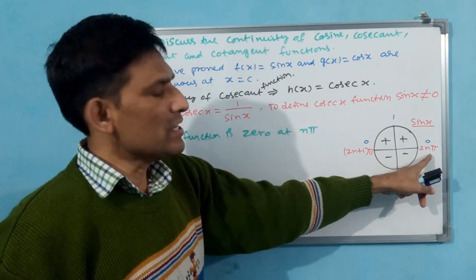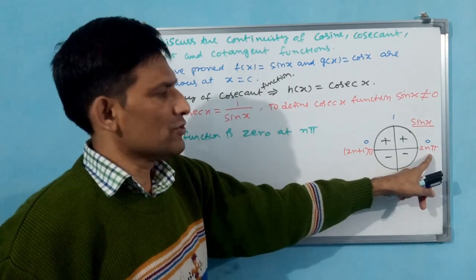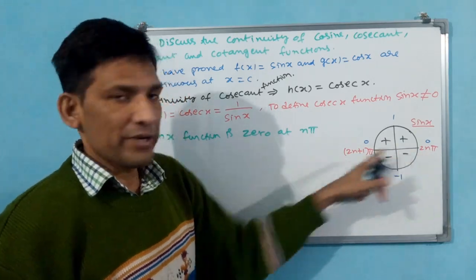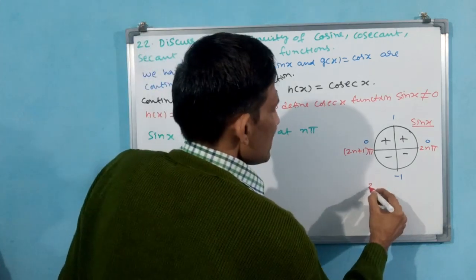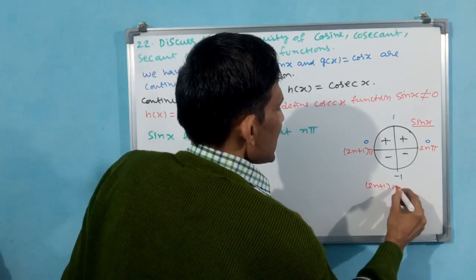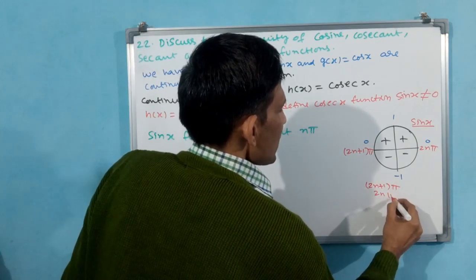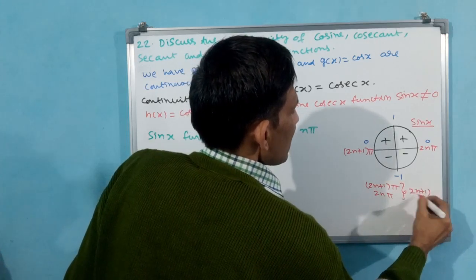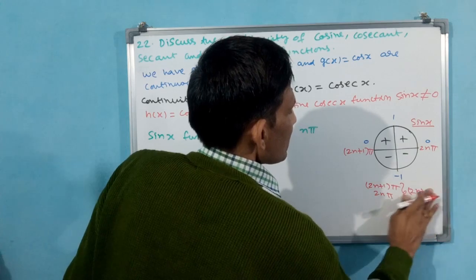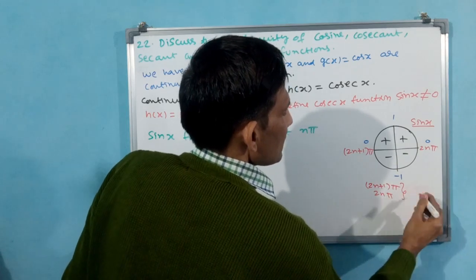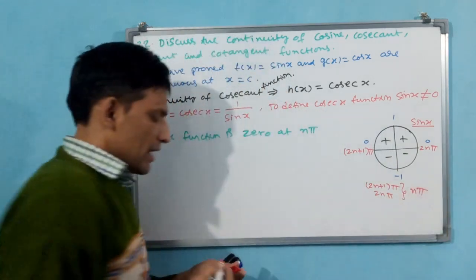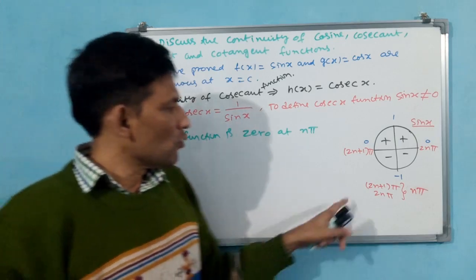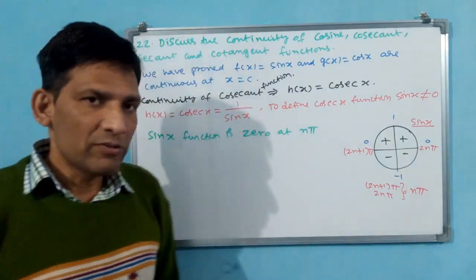If you give any integer, minus 1, plus 1, 0, these two values are going to come. Together, 2n plus 1 pi and 2n pi will give n pi. Why?